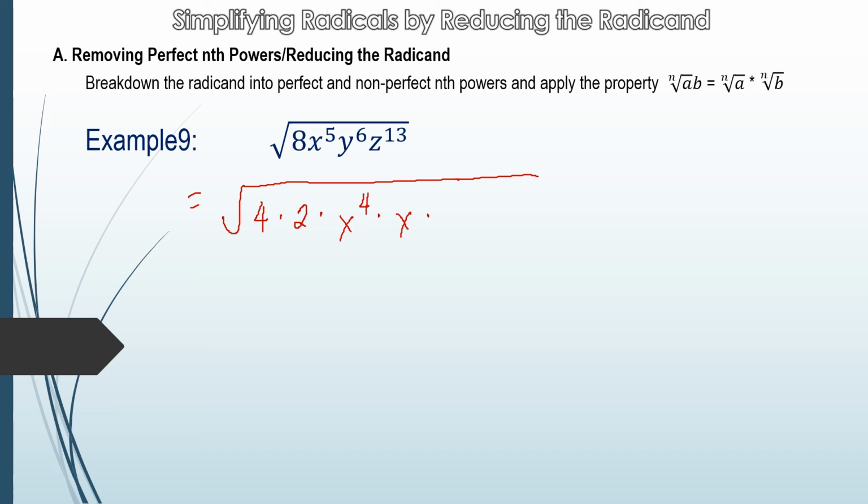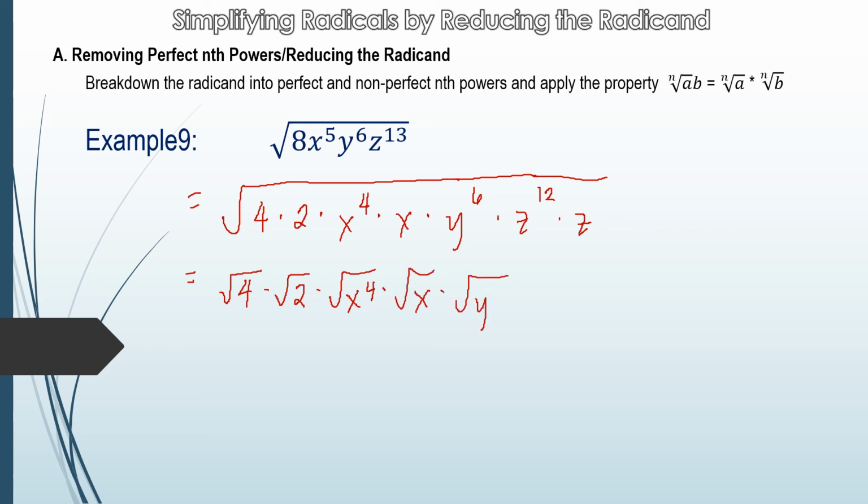For y to the 6th power, we simply bring it down or copy. And then for z raised to the 13th power, we have z raised to the 12th power times z. This is the same as the square root of 4 times the square root of 2 times the square root of x to the 4th power times the square root of x times the square root of y to the 6th power times the square root of z to the 12th power times the square root of z.